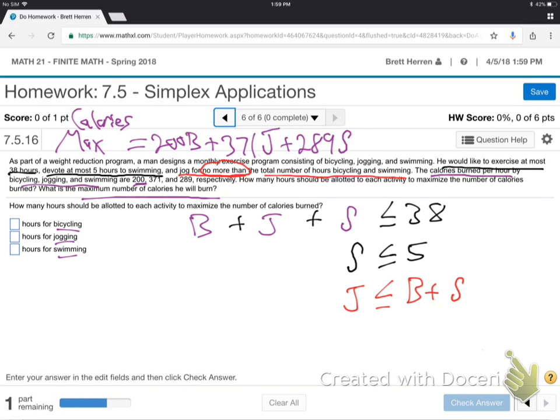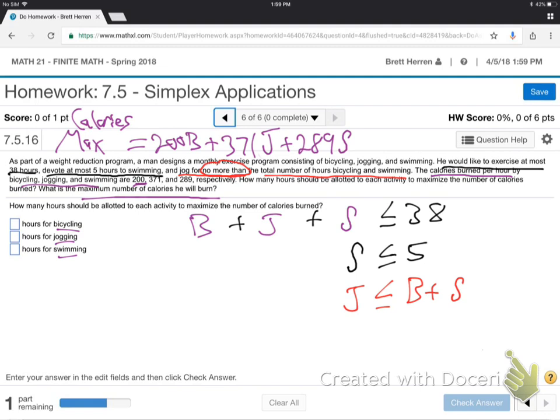So I've got to turn those into matrix form, which means get the letters on the left. I'm going to grab this B and the S and jump them over here, because when I put it into my calculator matrix, it's got to be the B first, then the J, then the S. So they're going to be negative. I got to jump them over to put them in the right form.